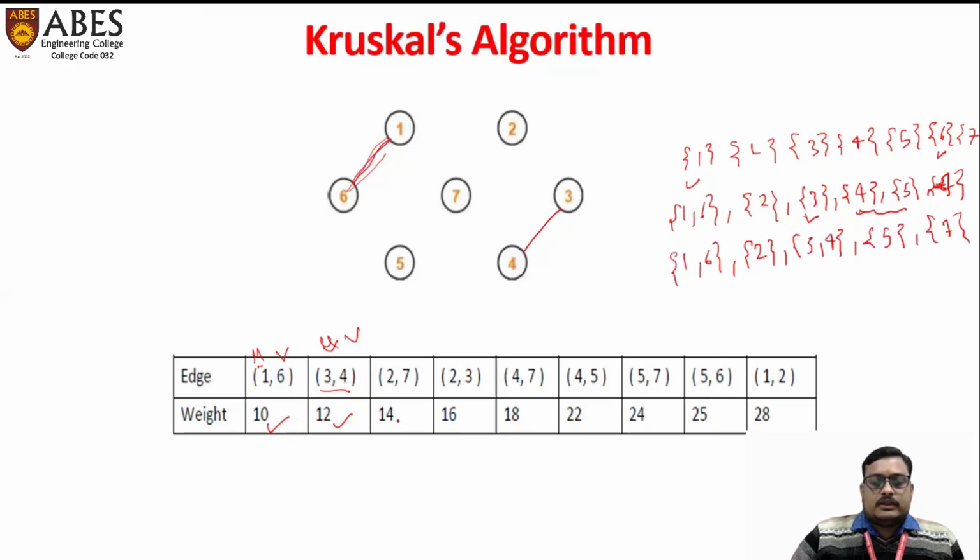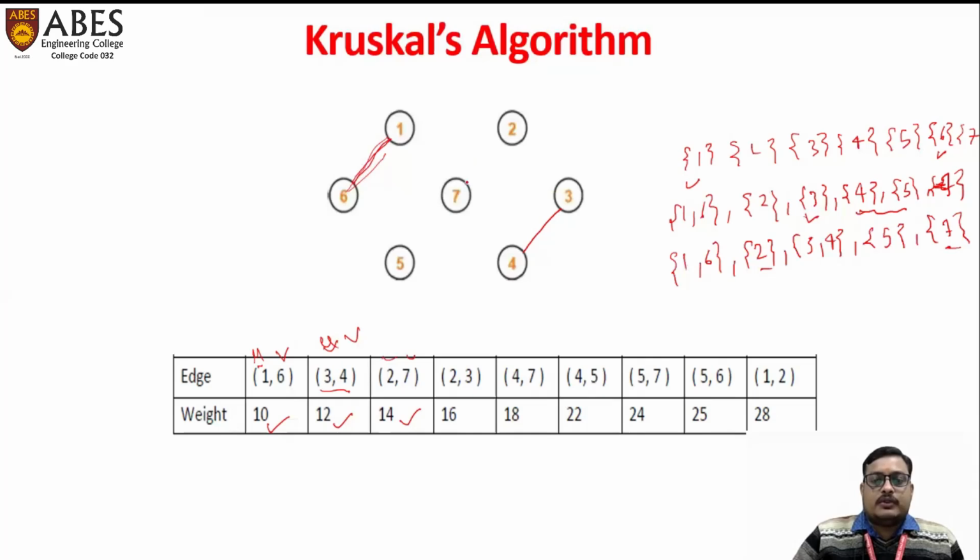Now we'll take the next one, which is 14. So the vertices are 2 and 7. Before connecting 2 and 7, we'll see whether 2 and 7 belong to different sets or not. So yes, these belong to different sets.